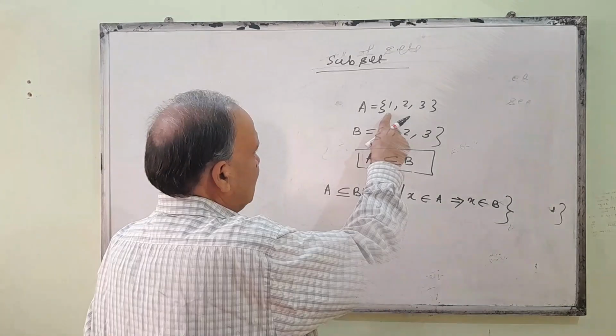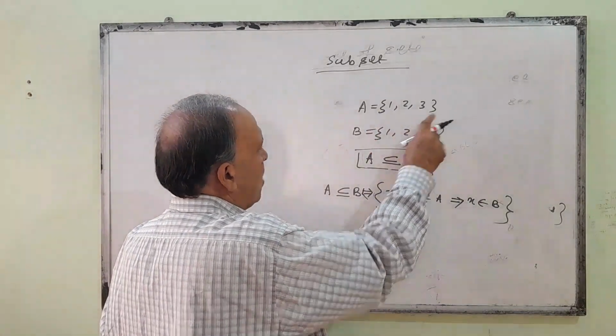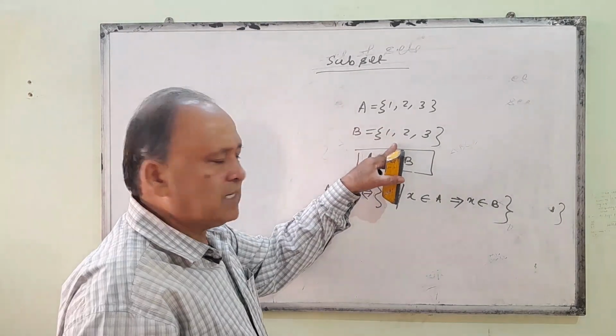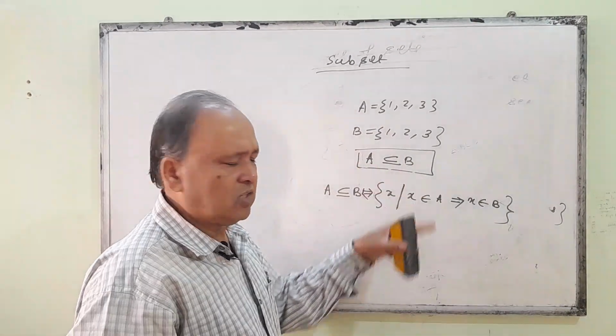A is a subset of B if and only if x belongs to A implies x belongs to B. Suppose A is equal to {1, 2, 3}, B is equal to {1, 2, 3}, meaning every element of A is also present in B. We can say A is a subset of B.